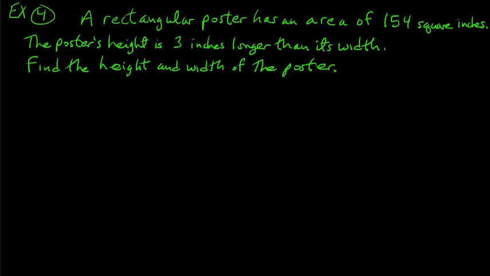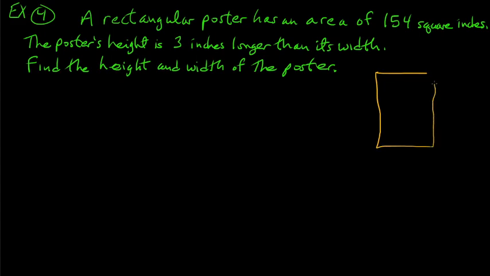Okay, next question. A rectangular poster has an area of 154 square inches. The poster's height is 3 inches longer than its width. Find the height and the width of this poster. Okay, so I'd start by just drawing a poster.